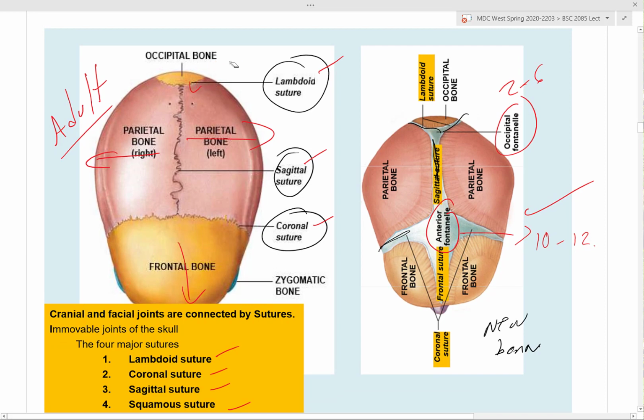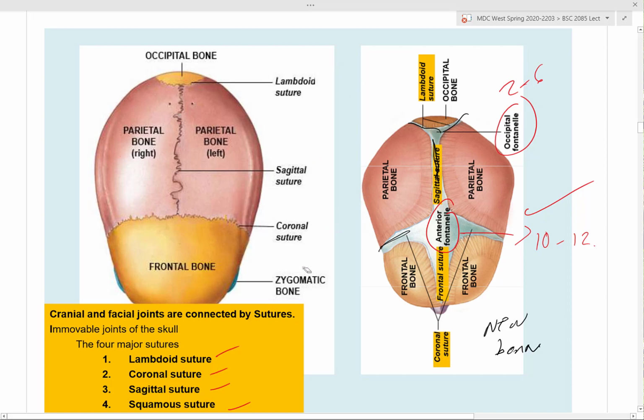Now, if we look at the sutures, it's going to be a little bit the same. In the sutures here, give me a second, let me erase this one here. You have a suture that divides the two parietal bones, and that will be what? That will be your sagittal suture.